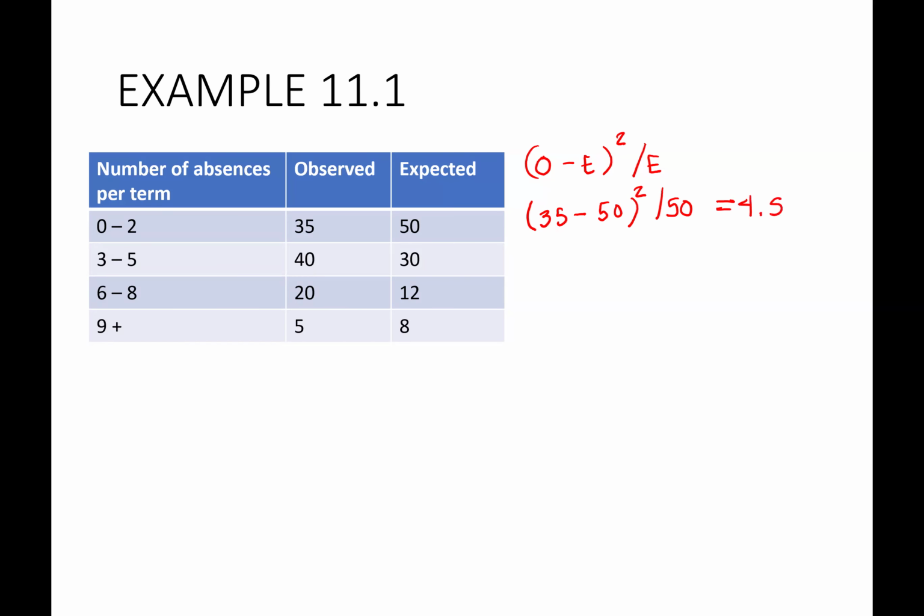We're going to do the same for the rest of the categories. So 3 to 5 days, 40 minus 30, square that and divide that by 30. That's going to be 3.333. Okay. And then we have observed minus expected, 20 minus 12, squared divided by 12, and I get 5.33.